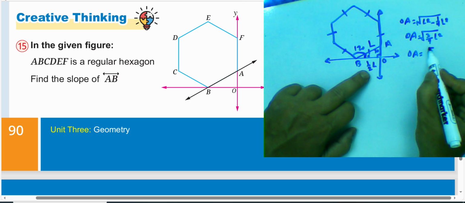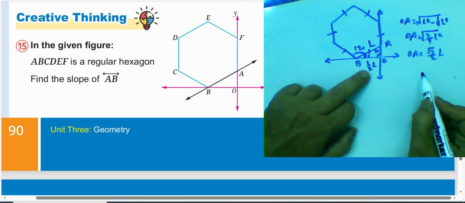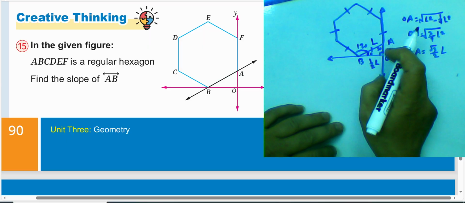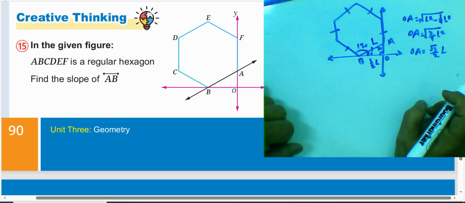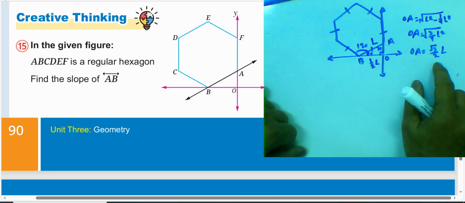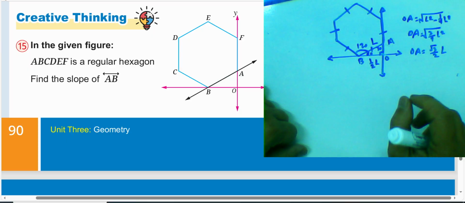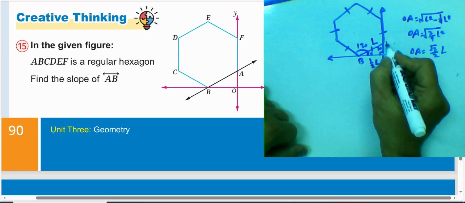Then OA equals square root of 3 over 2 L. The length of this side will be square root of 3 times L. Understood?